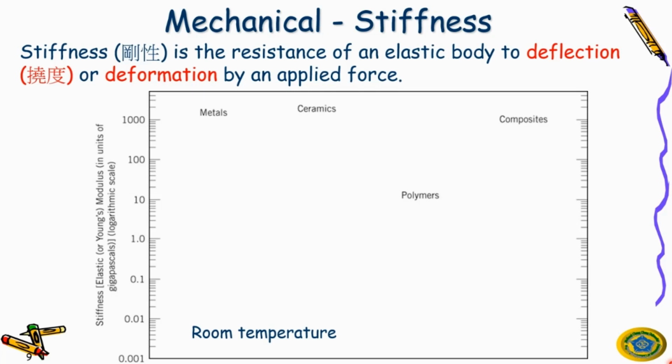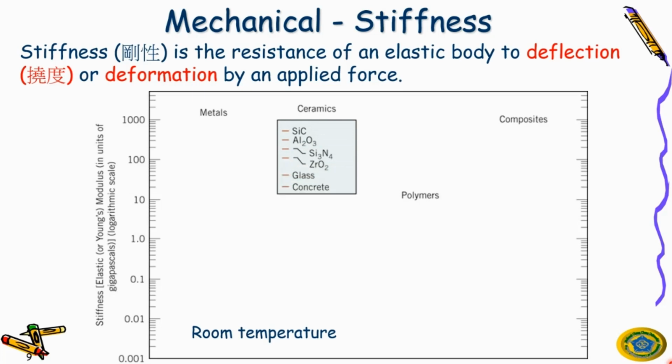How about the fourth one? Composite. Composite is a combination of ceramic and polymer. It can be a combination of metal or polymer. So composite is kind of a mixture of the materials. So I want you to remember there are 4 types: metal, ceramic, polymer, and composite.